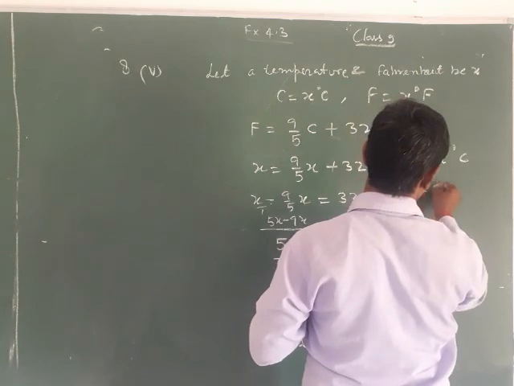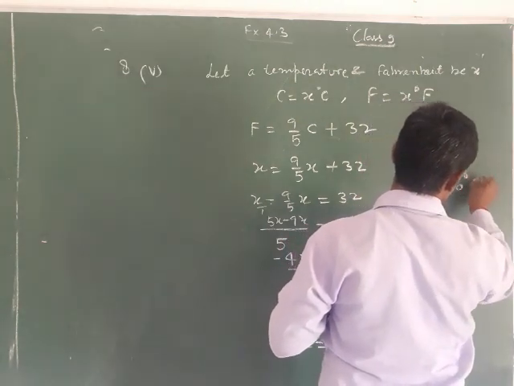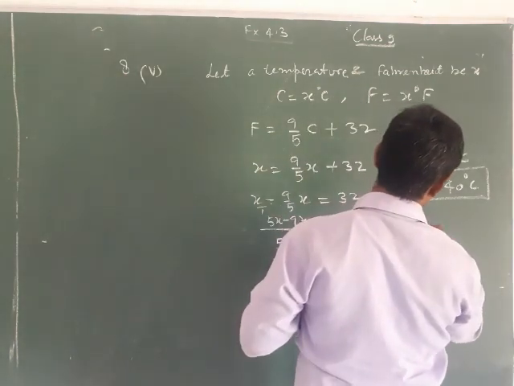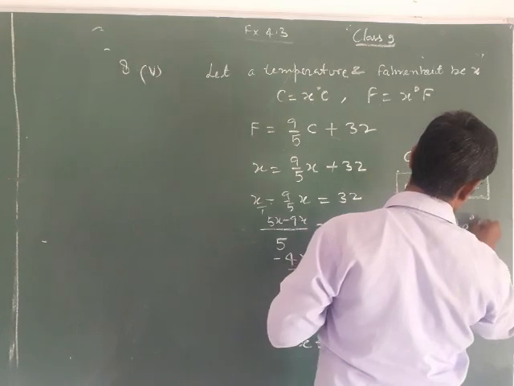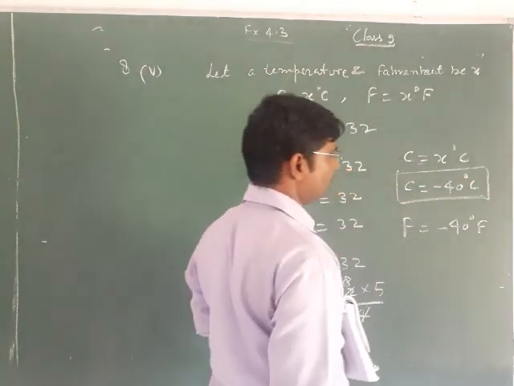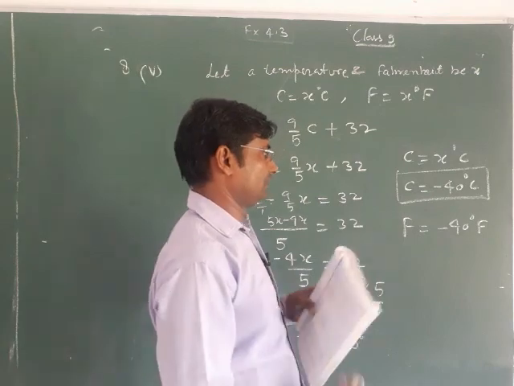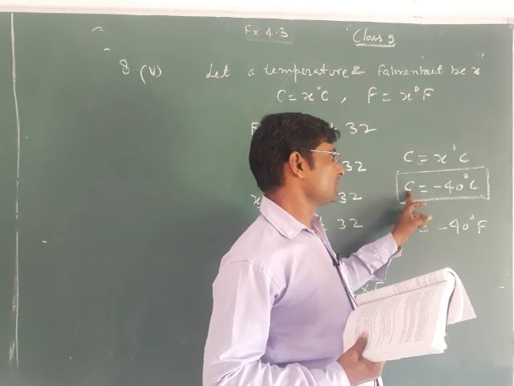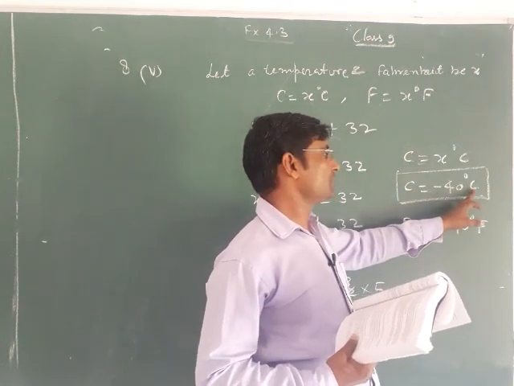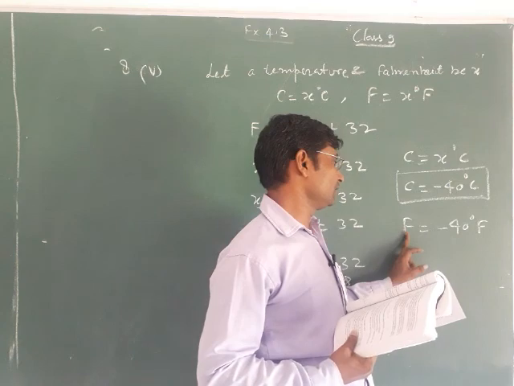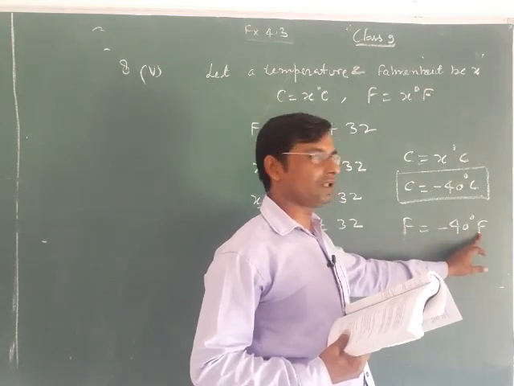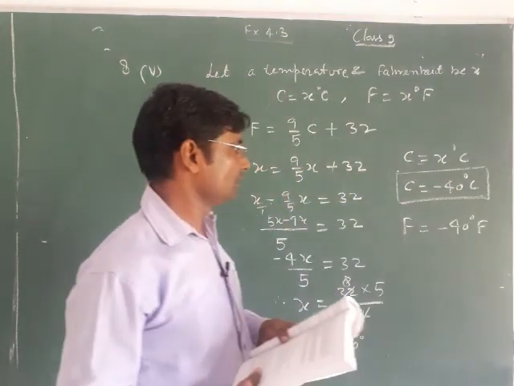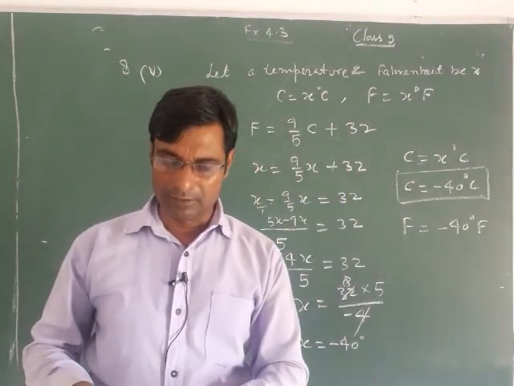So C is equal to minus 40 degrees Celsius, and F is equal to minus 40 degrees Fahrenheit. The values are the same, but the units are different. C denotes Celsius temperature, and F denotes Fahrenheit temperature. So both are the same: minus 40. That's all. Thank you. Revise it.